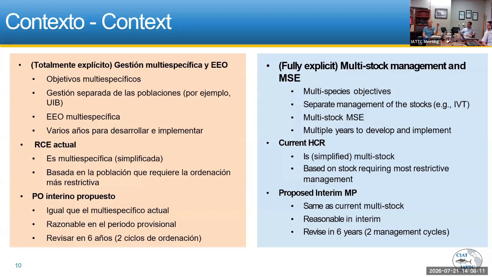And what we recommend is that during the first 2 management cycles, being 3 years each, which is 6 years, we do the necessary work to develop multi-species objectives, develop ways to more focus the management on the different stocks, do multi-stock MSE if we think it's needed, and also some research to improve the stock assessments so that we can fine-tune the management, and then reevaluate the management procedure within those 6 years, so that in the 3rd management cycle we can adopt and implement a more fully explicit multi-stock management procedure.